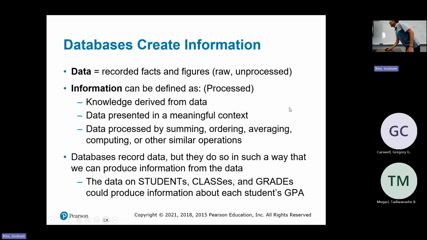So data is raw, unprocessed. When you gather or collect temperature data from the sensors, this is just data, raw data. There's no meaning, just numbers, like 80, 82, 85, day by day. It can be different, right? And information is what you get after processing, and the processing can be done in different ways.